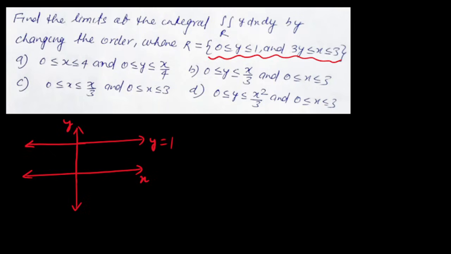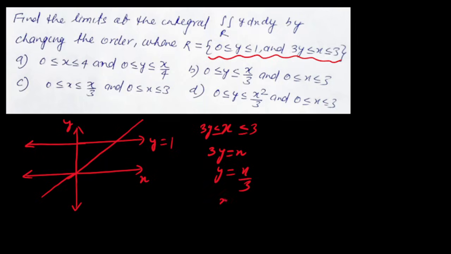And then x lies between 3y and 3. If I talk about the line 3y is equal to x, basically this is the line y is equal to x by 3. So there will be a line which passes through the origin, inclined, whose slope will be 1 by 3, and x is less than 3.